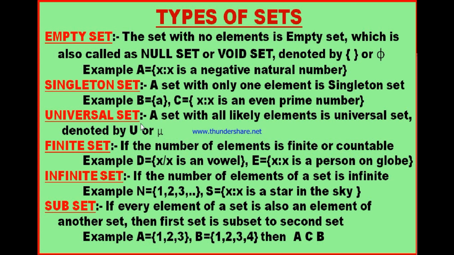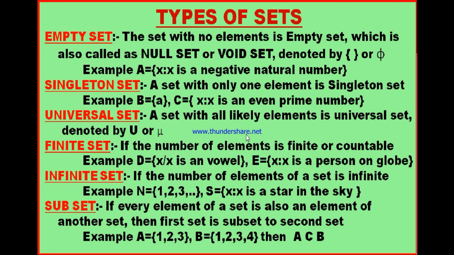Let us go to the universal set also. I previously gave an example. We took the set of students of a school as the universal set. And for this universal set, there are subsets like the set of volleyball players, the set of cricket players, the set of kabaddi players, like this.